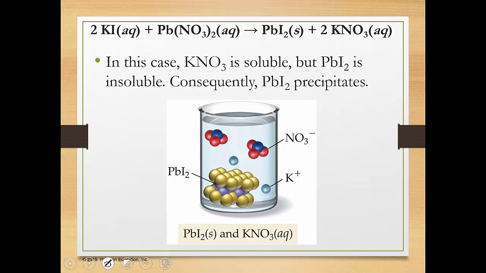So in the case we're looking at, the lead iodide is what is insoluble, falls out to the bottom right here. So there's our solid, everything else is aqueous in solution. So we can write the equation as shown here. The lead iodide would be the solid, and the potassium nitrate is aqueous.